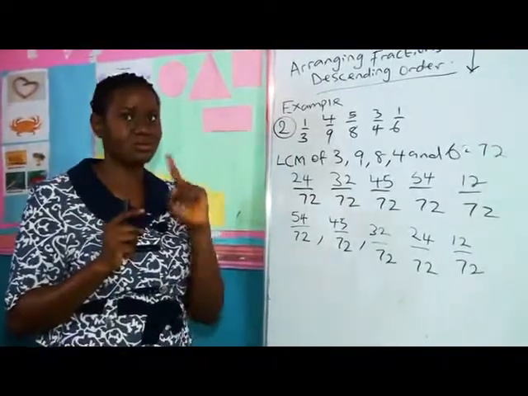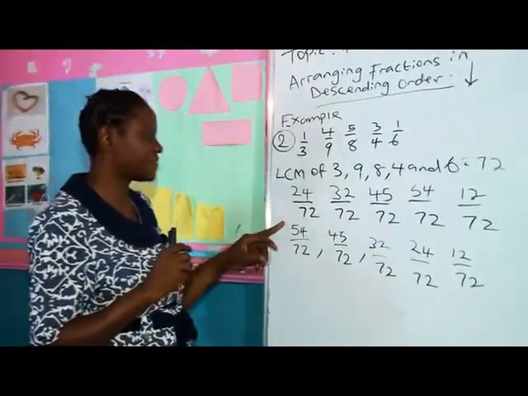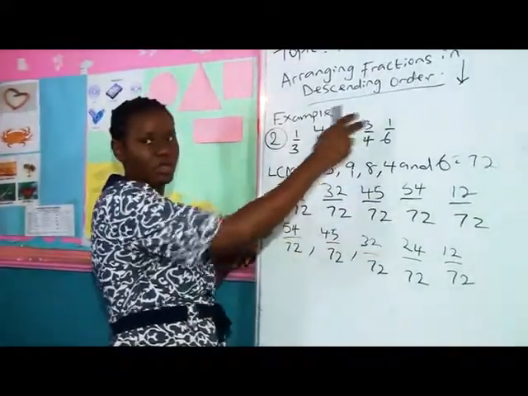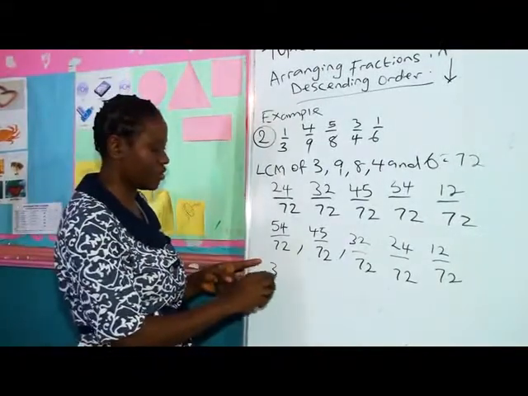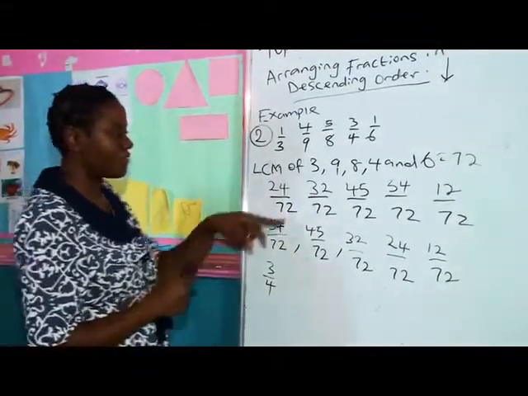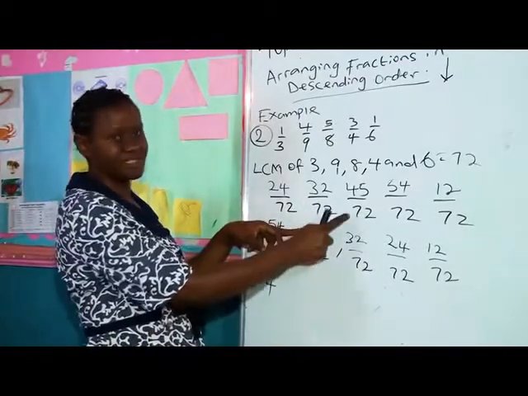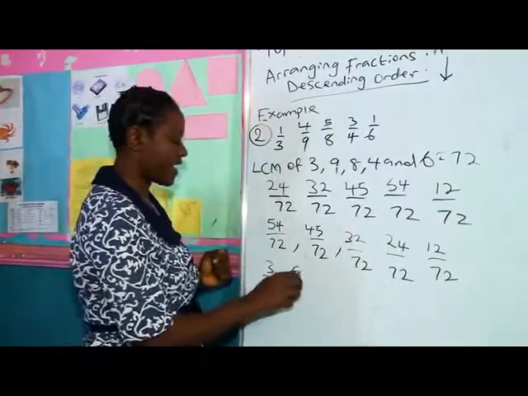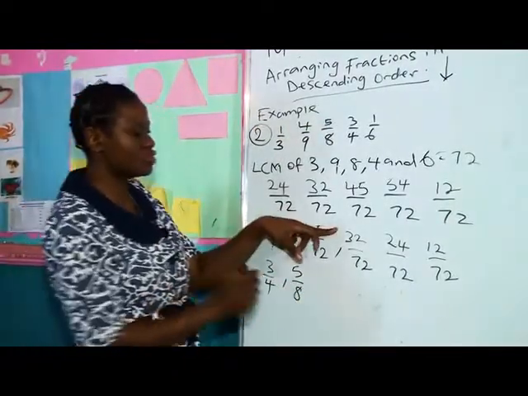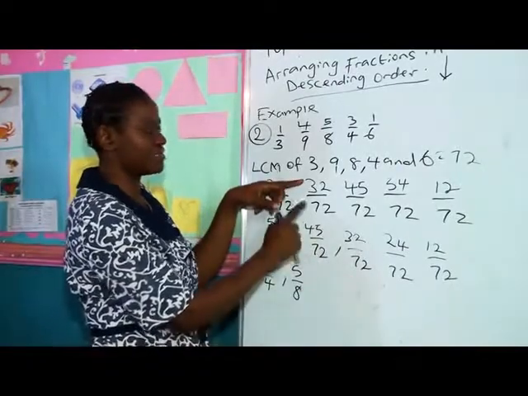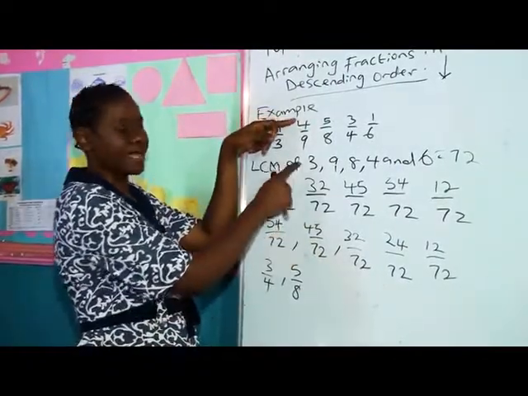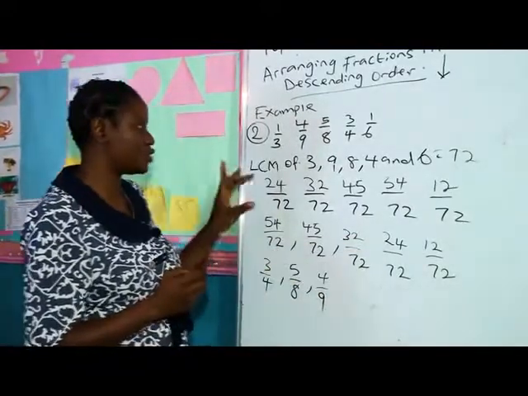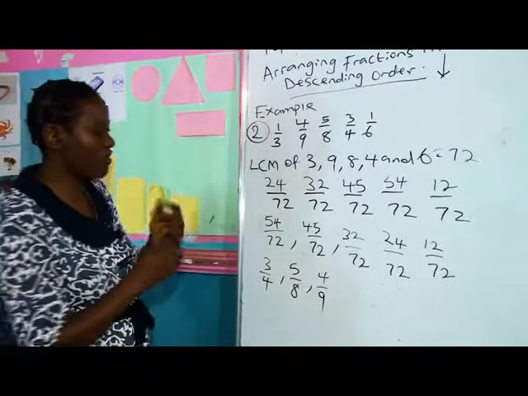So we need to change back to the original question. 54 over 72 is 3 over 4, so 3 over 4 comes first. 45 over 72 is 5 over 8. 32 over 72 is 4 over 9. 24 over 72 is 1 over 3.